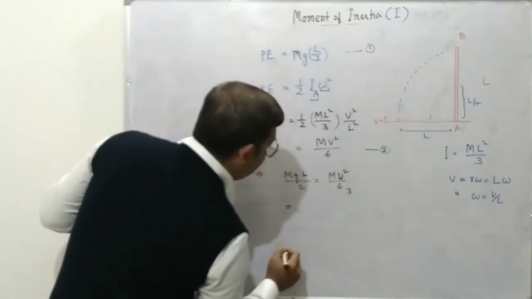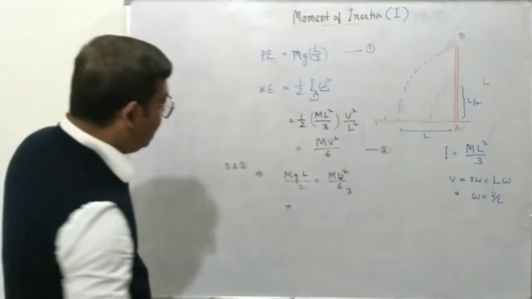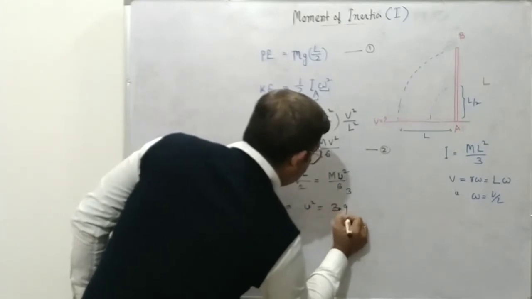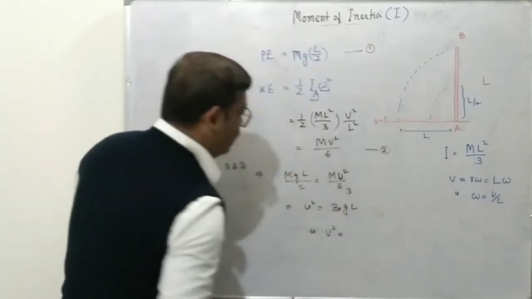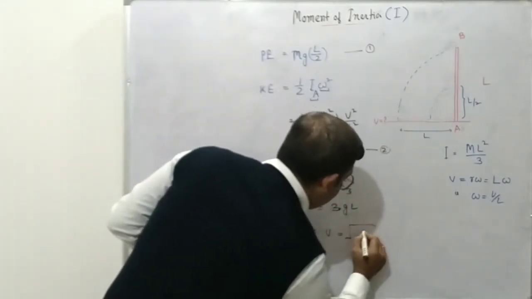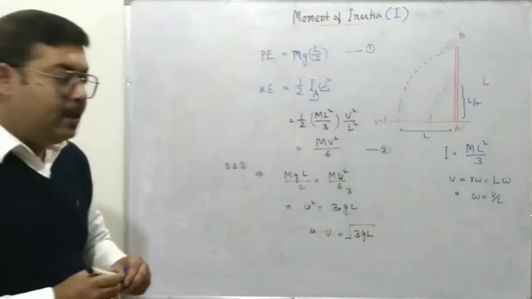Therefore, v square will be 3gl. That is to say, v will be equal to the square root of 3gl, which is our required velocity.